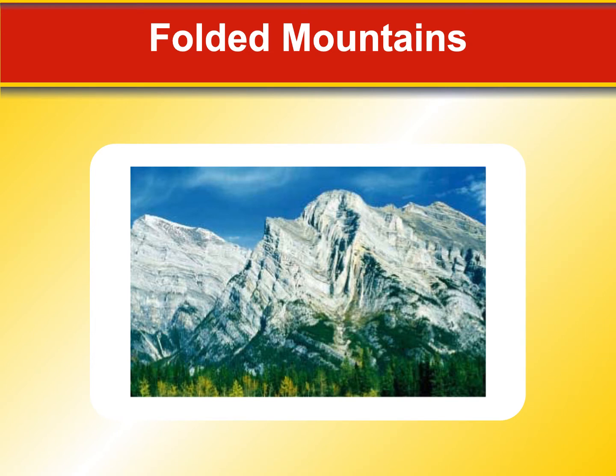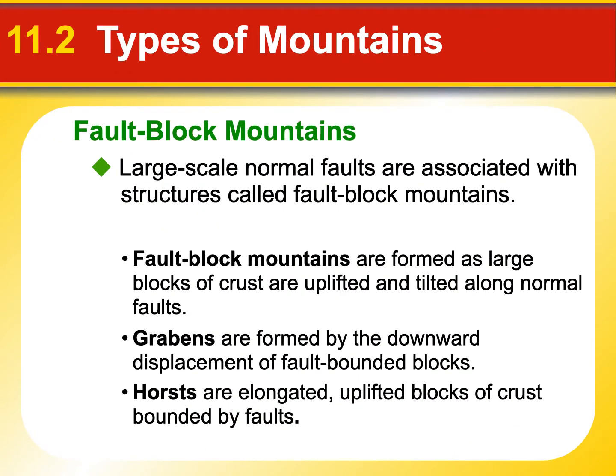Folded mountains are formed when plates come together and converge, because you can imagine stuff crashing together is kind of crunching and crinkling up. In particular, two continental crust pieces colliding make big, big folded mountains, some of the tallest mountains on Earth. Fault block mountains, on the other hand, are formed when plates are diverging or moving apart.